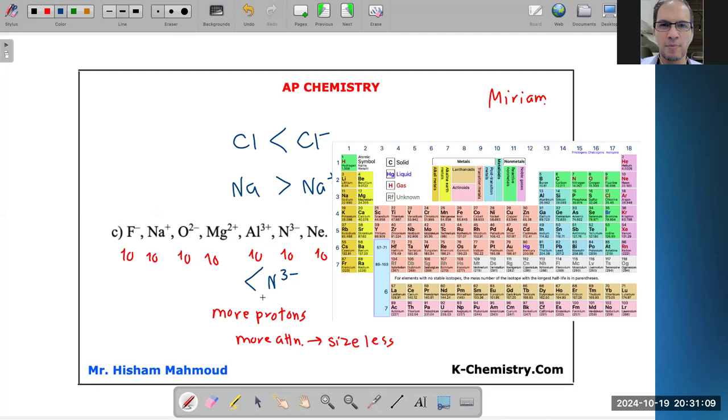N3 minus has the least number of protons, so the least attraction, so the biggest size. And then after it, O2 minus, and then F minus, and then neon, and then Na plus, and then Mg2 plus, and then Al3 plus. The Al3 plus has the biggest number of protons, so it has the biggest attraction, so it has the smallest size.